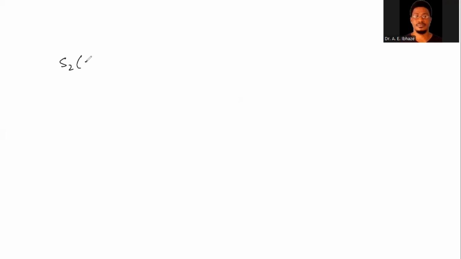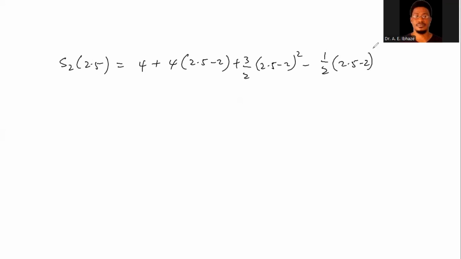So S(2.5) will now be the same as 4 plus 4 times (2.5 minus 2), plus 3 over 2 times (2.5 minus 2) squared, minus 1 over 2 times (2.5 minus 2) cubed, which would be 4 plus 4 times 0.5, plus 3 over 2 times 0.5 squared, minus 1 over 2 times 0.5 cubed.